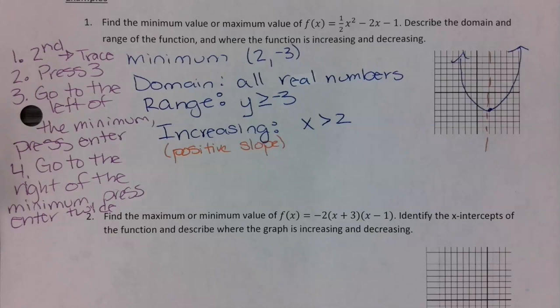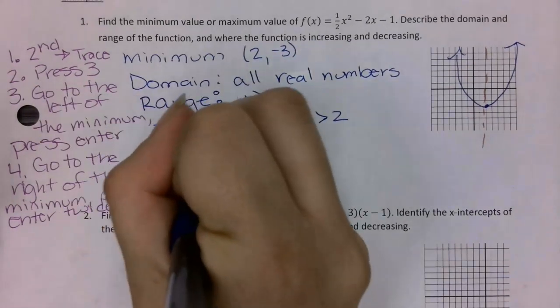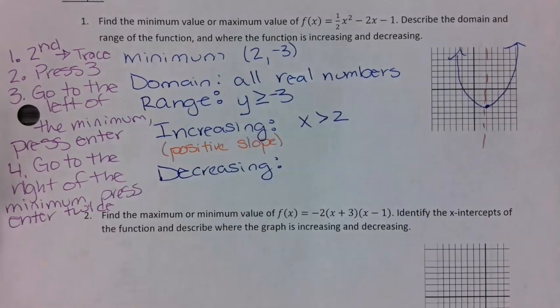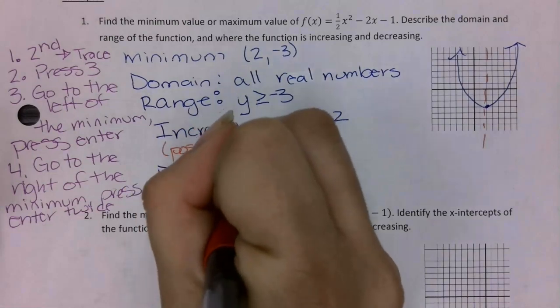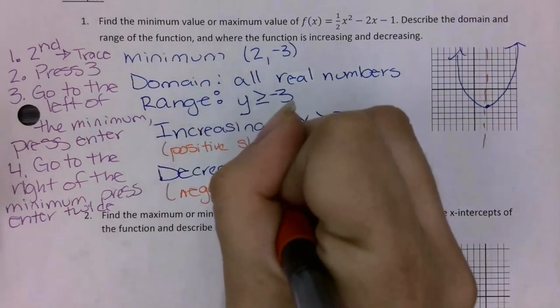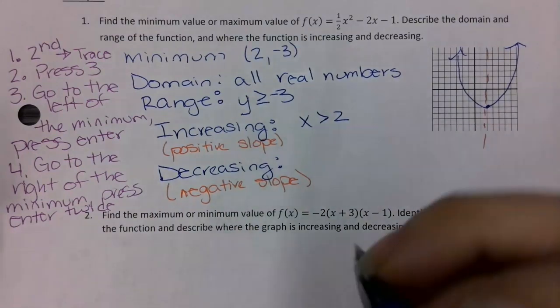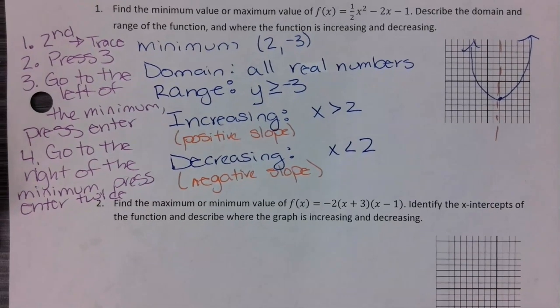So for decreasing on this one, where is it? On the left side, and how would I write that? Left and right is always the letter x. x is less than 2. Questions there?